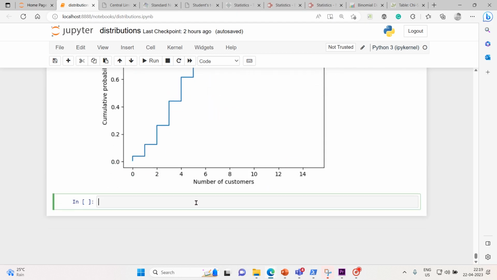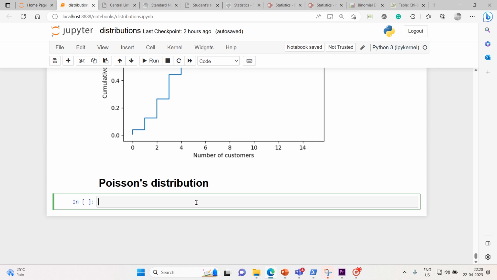Okay, so this is Poisson distribution. Suppose we are interested in modeling the number of customers who enter a store during a certain time period, we are worried only about a certain time period, based on historical data.